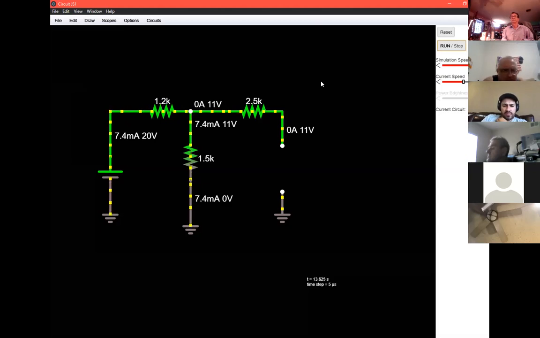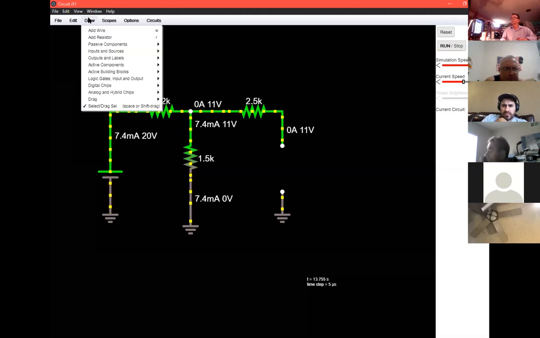That's just a very basic circuit and how the current flows. So that's a visual to help you try to understand basic current.